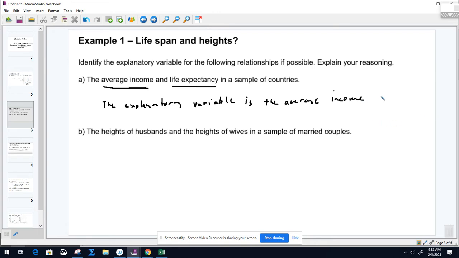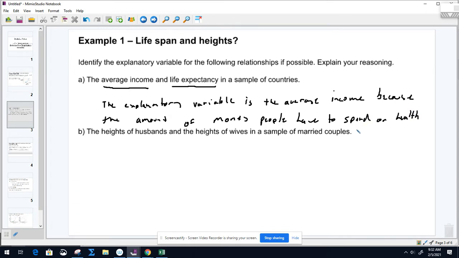because the amount of money people have to spend on healthcare helps explain the average lifespan in a country.